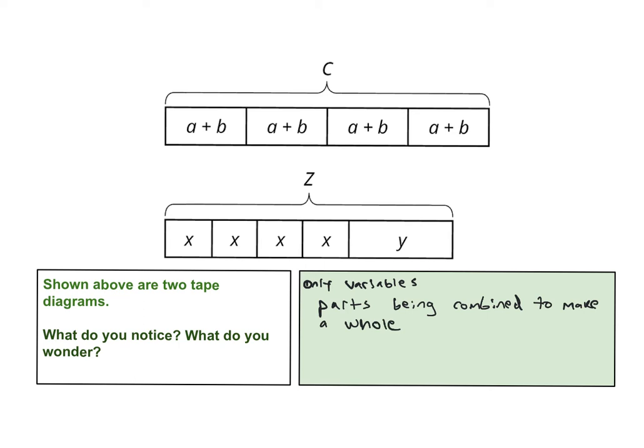And what we can see there is, like, in the first situation, we have 4 sets of A plus B. And when they are combined, we get C. In the second one, we have these 4 X's, and then we have a Y. And when those are combined, so those are our parts, we get Z. So we started talking about how we can build an equation out of these.